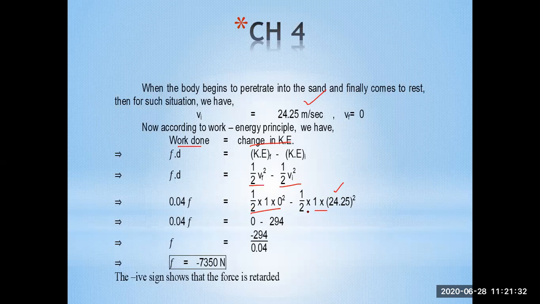At the point when it hits the ground, that is basically vi, because we are asked to calculate inside the ground. When it moves inside, its velocity is no more vi, it will be vf.